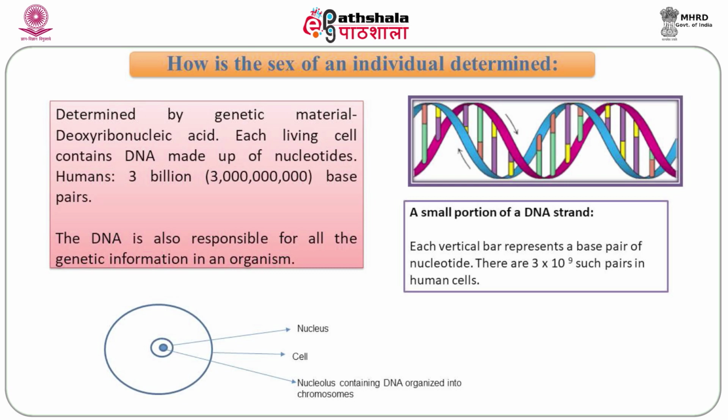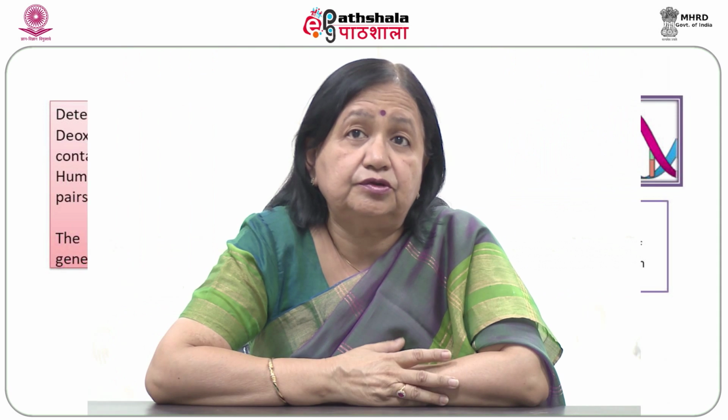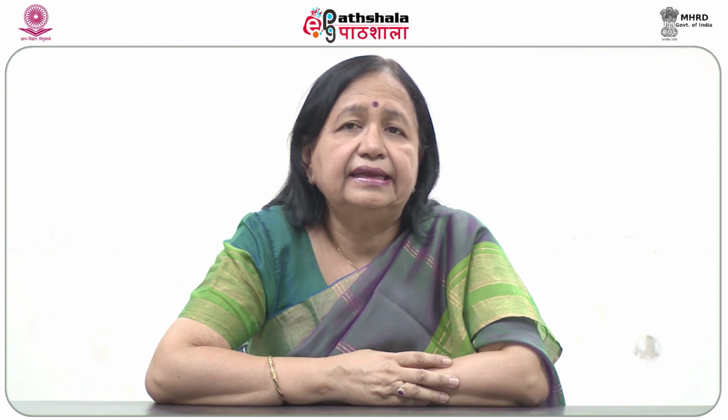So, the DNA is basically responsible for all the genetic information in an organism. It contains about 3 billion base pairs, and it is what builds a human from 3 kg at birth to something like 70 kg, or a little less for women, at adulthood.